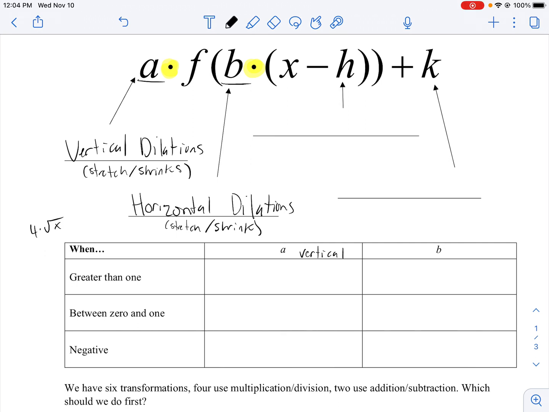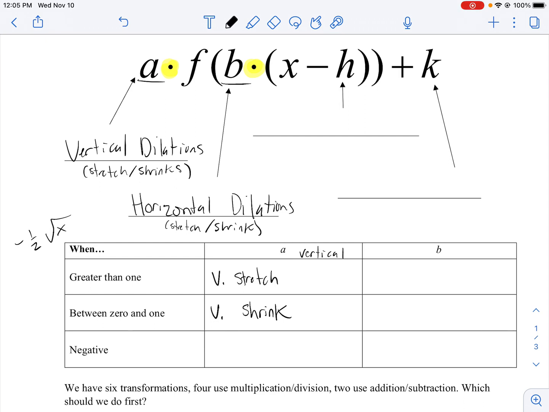That 4 would be larger than 1, and it would be a vertical stretch by whatever that number was, which is 4 in the example we just chose. All right? Now let's imagine that it was a number between 0 and 1, so like 1/2 instead. That would be exactly what we see. That'd be a vertical shrink.